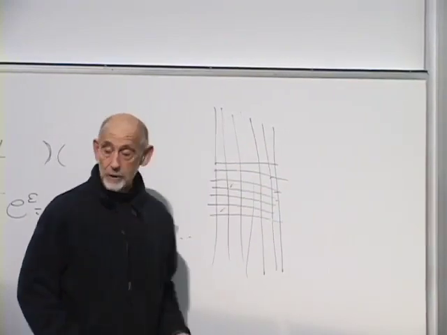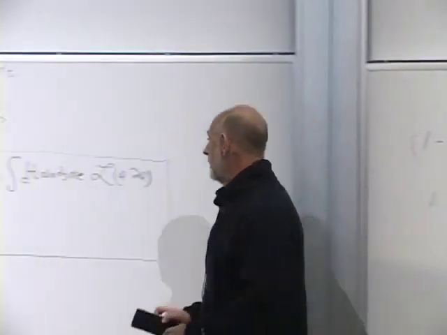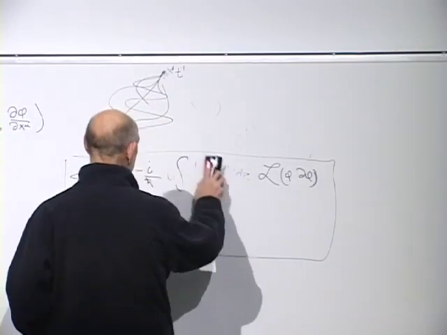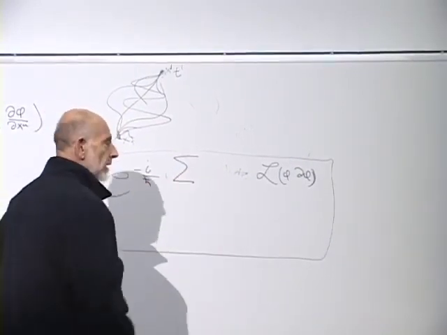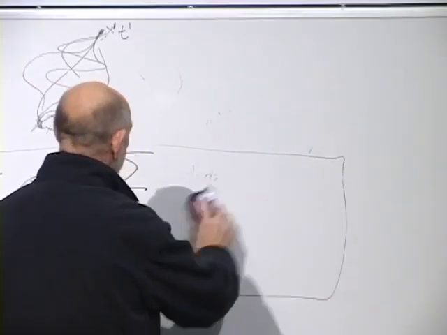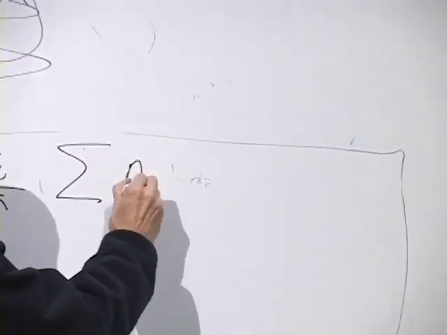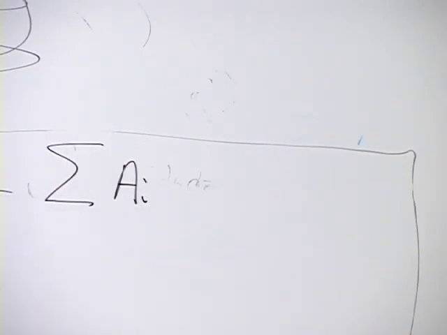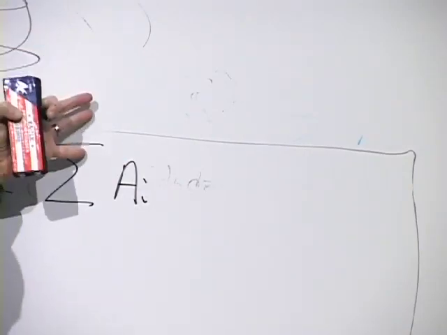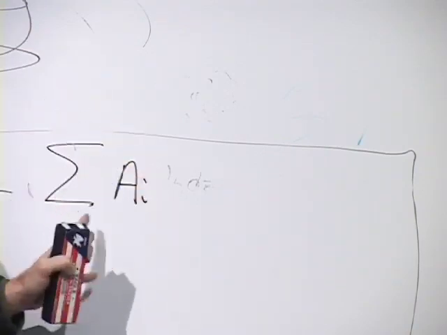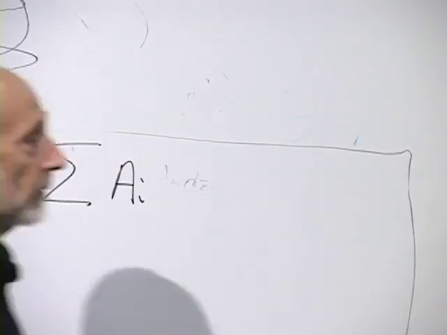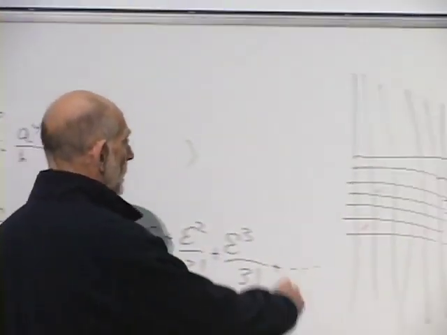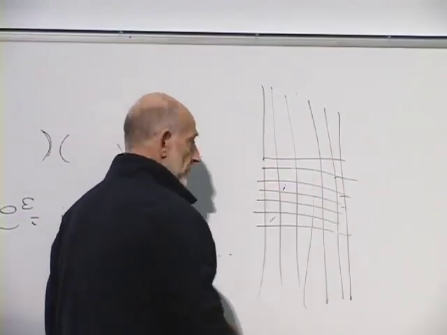The integral over space and time here, just imagine that we've replaced it by the sum. And what is it a sum of? It's the sum of the action in every little cell. When I replace the integral by a sum up in here, what I'm really doing is just adding up the action in all these little cells.